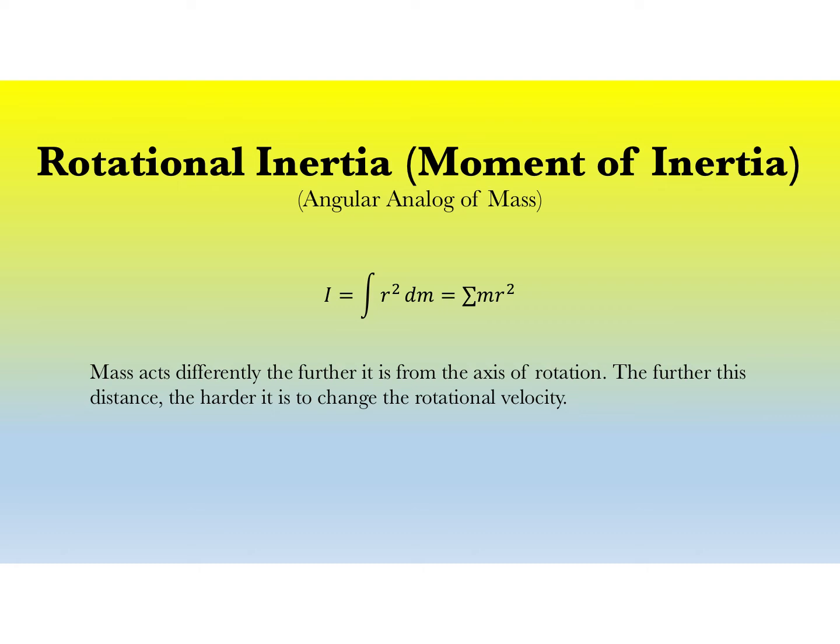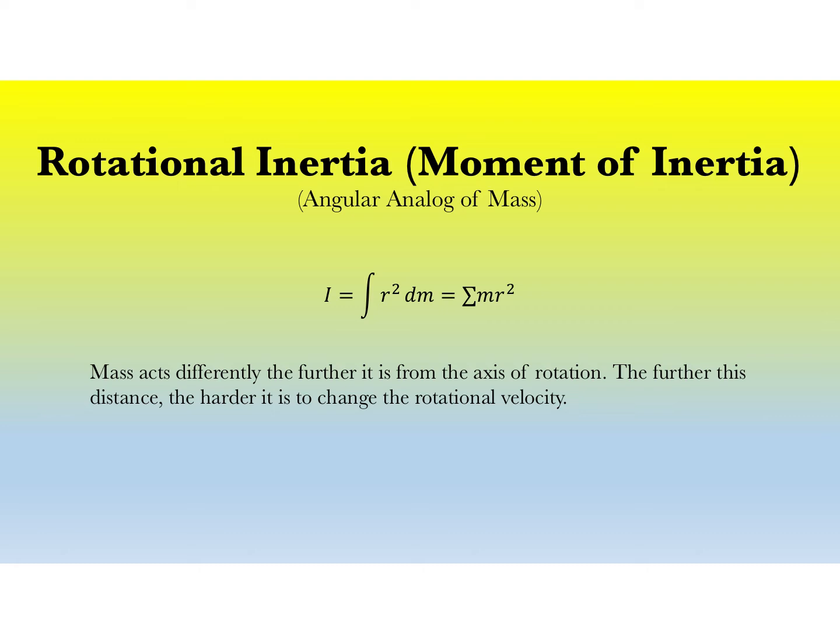mass. And the idea with this rotational inertia is that the mass acts differently the further it is from the axis of rotation. The farther out that mass is from the center, the harder it will be to change that rotational velocity. So it's like the further away the mass is, the more massive it feels, the more impact it has.